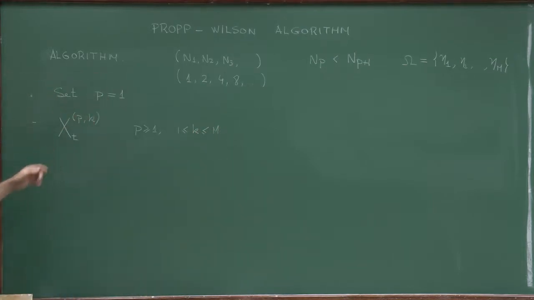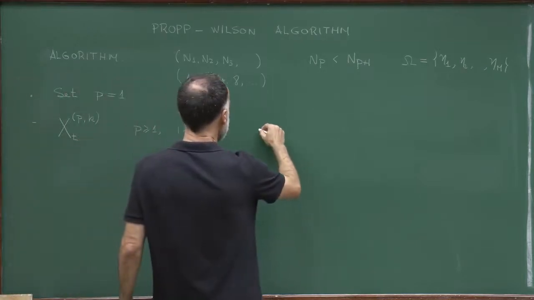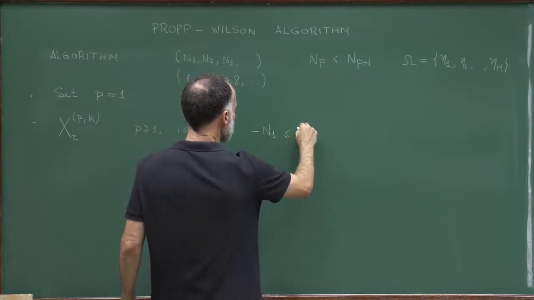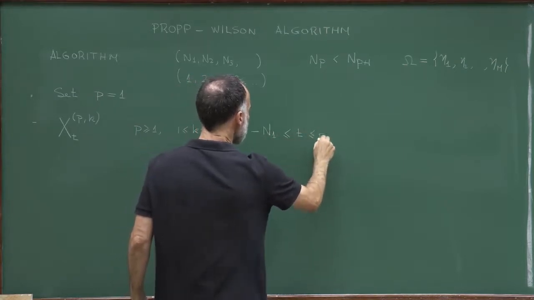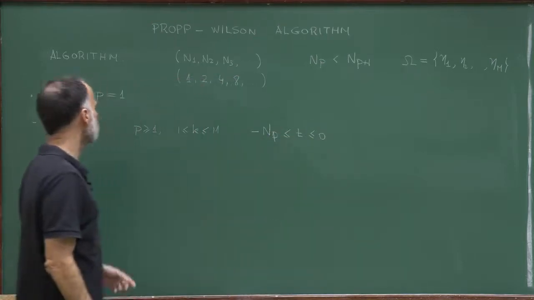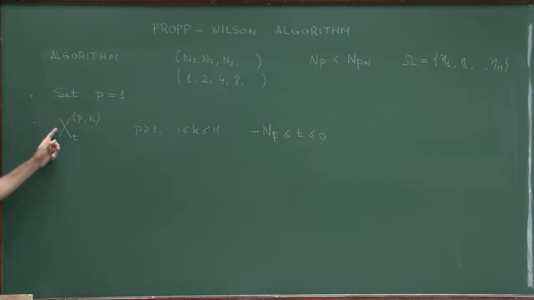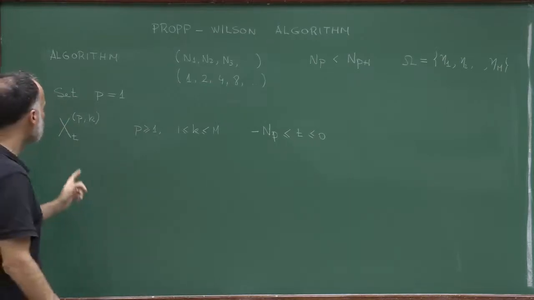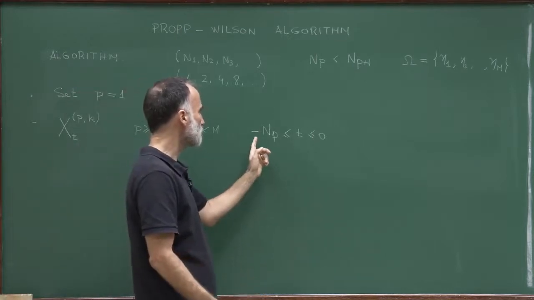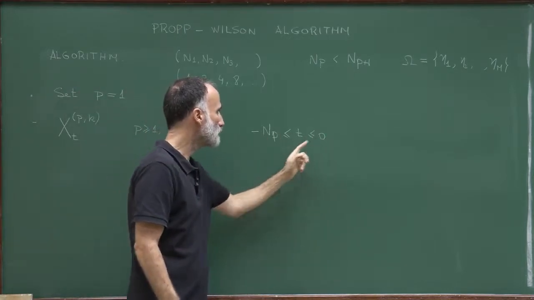And this Markov chain will run from minus n1 until 0. Mind here, n1 is actually n_p, but at stage 1, p is equal to 1. So this chain will be defined in the negative interval of time, from minus n1 up to 0.